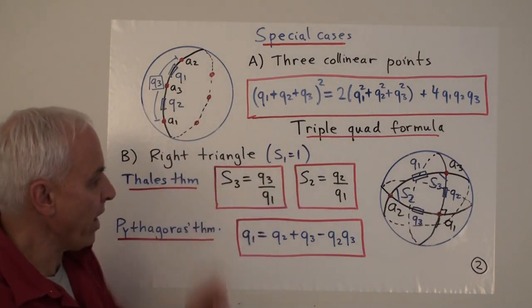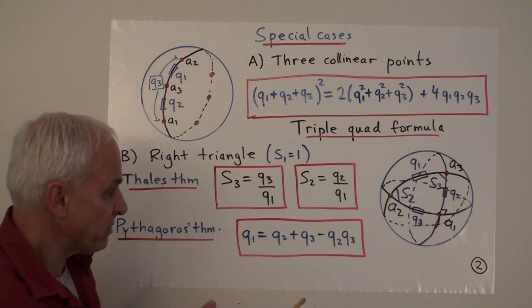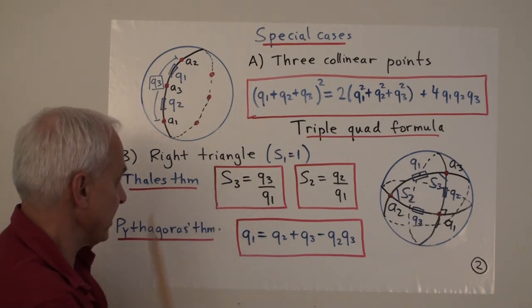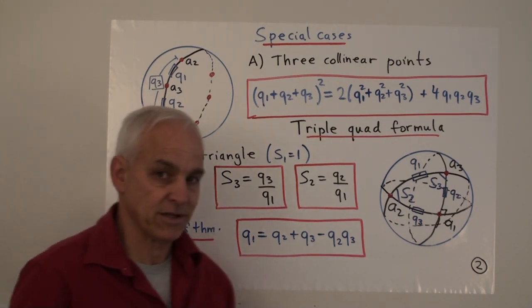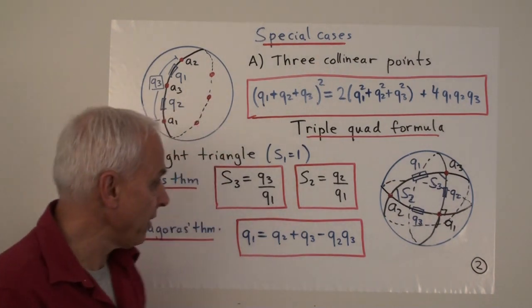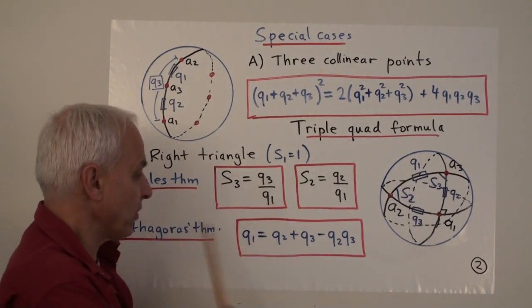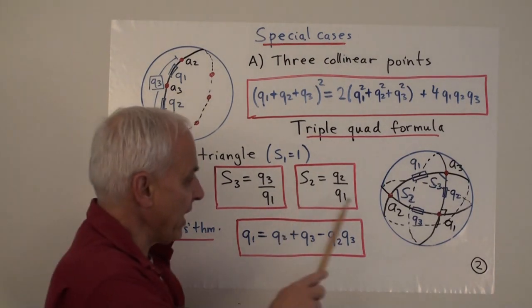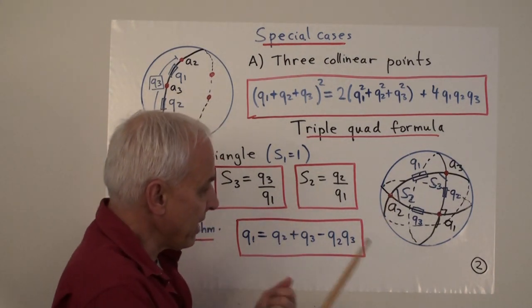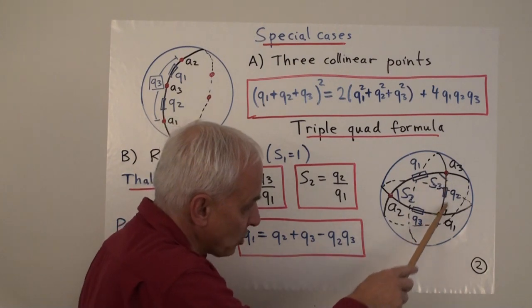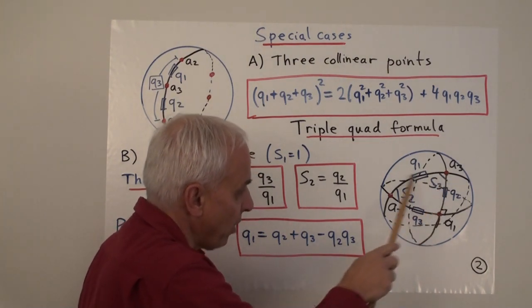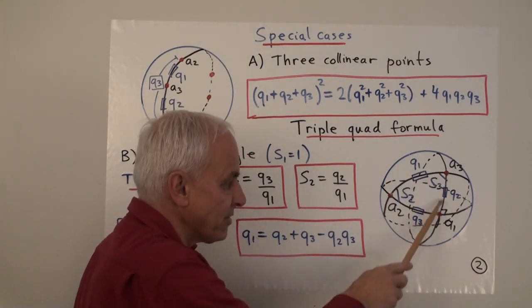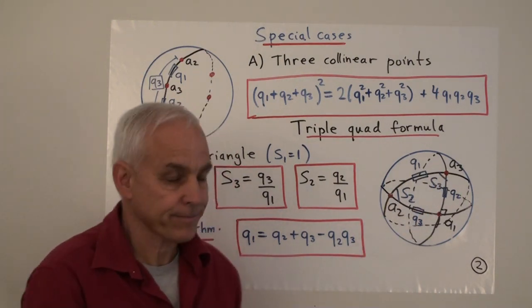So if S1 is 1, then there are a few special relations that happen. In particular, there's this Thales theorem, which is basically just an immediate consequence of the spread law, which says that S3 equals Q3 over Q1 and S2 equals Q2 over Q1. So for example, S2, this spread here, can be calculated as the ratio between this quadrance Q2 and this quadrance Q1. So opposite over hypotenuse.